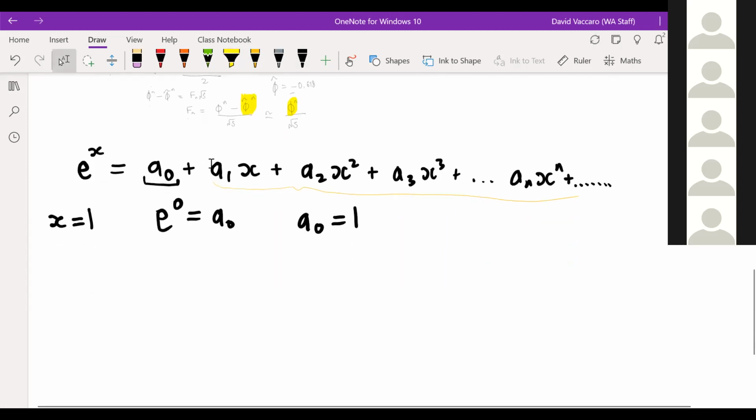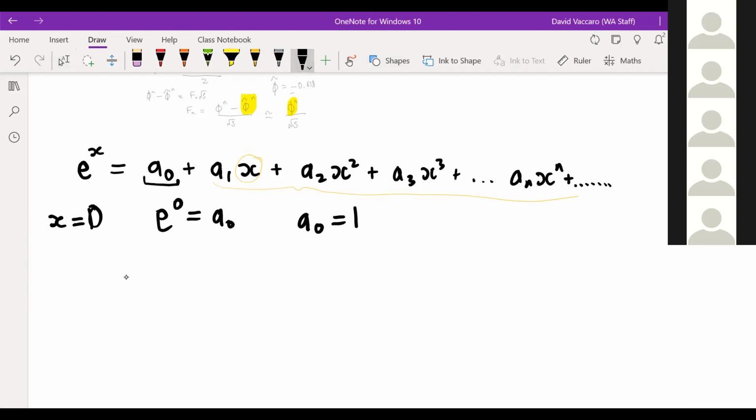Okay. Any idea how I can get A1? Now, the problem with my A1 is if I set x equals 0, I kind of kill it. But I can do something very clever to get rid of this x term. What can I do very clever? I can differentiate. And yes, I did mean x equals 0.